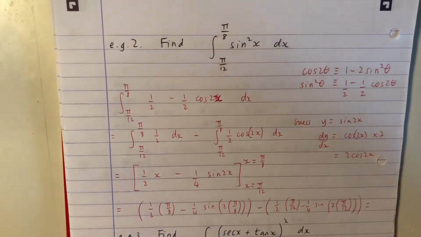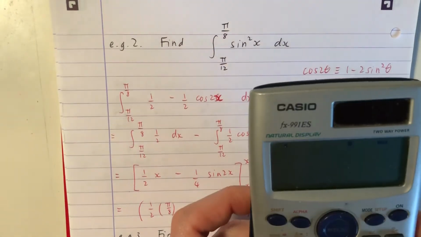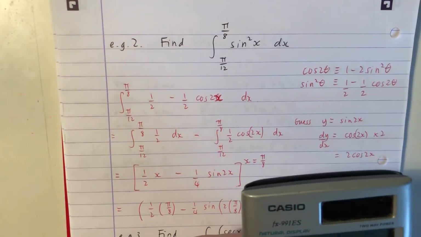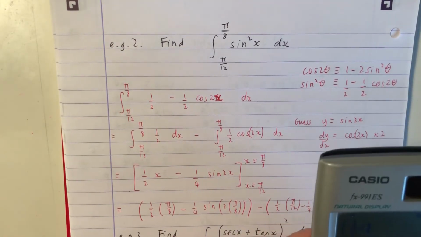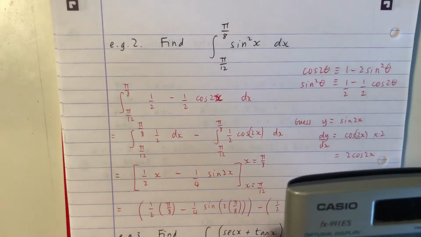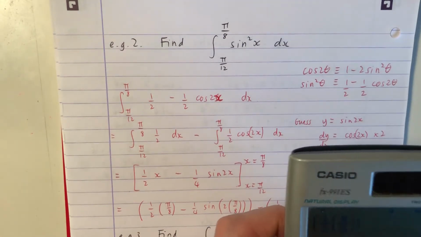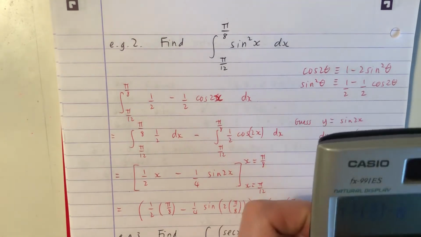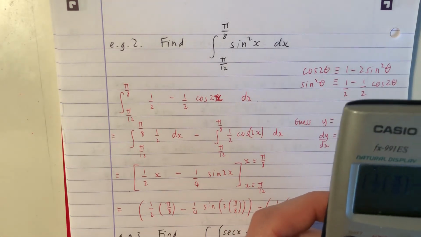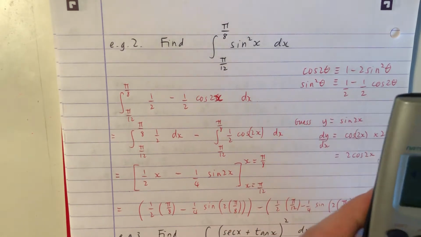Right, type that into your calculator. So we have a half pi by 8. Just realised my calculator's in the wrong mode, so put in radians. Pi by 8 subtract a quarter sine 2 brackets pi by 8.